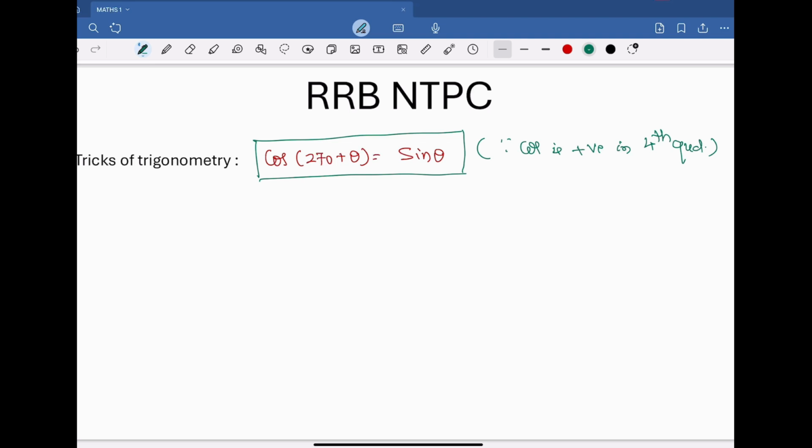Now next comes the value of tan. Tan 270 plus 30 is equal to tan 300. This is nothing but tan 180 plus 90 plus 30.